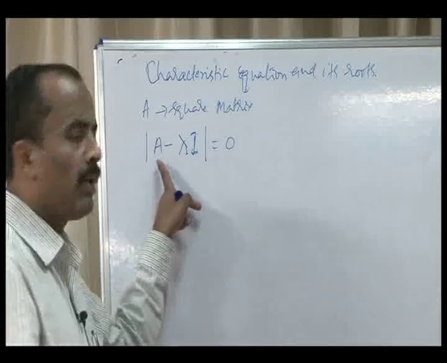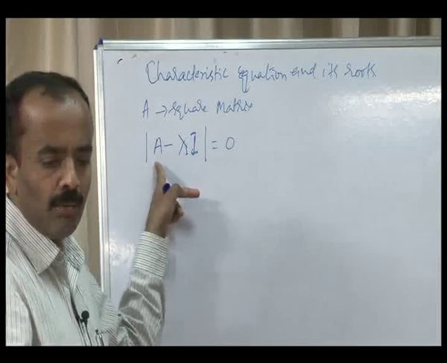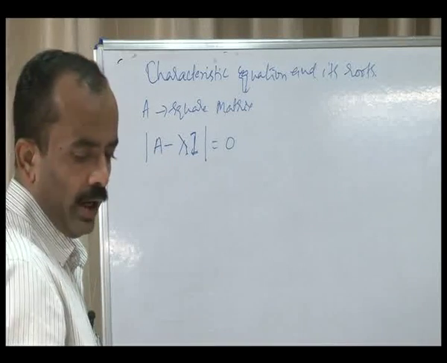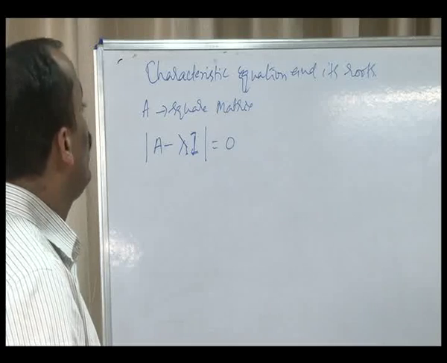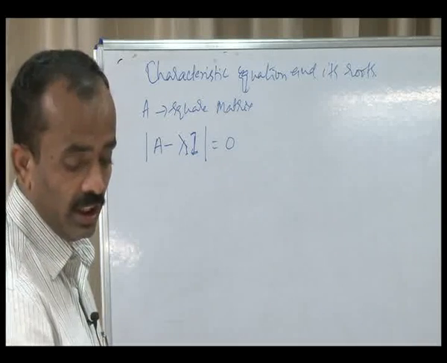So, determinant of A minus lambda I is equal to 0 is called the characteristic equation.